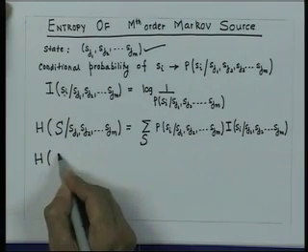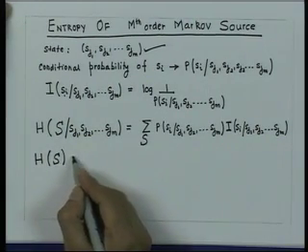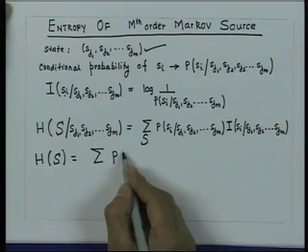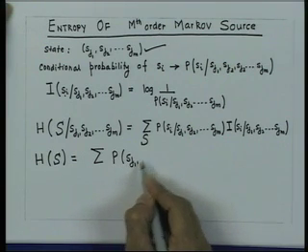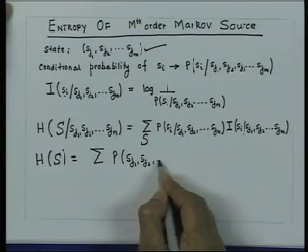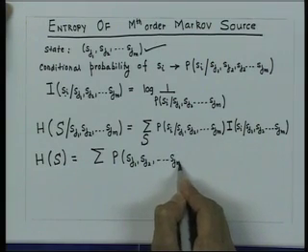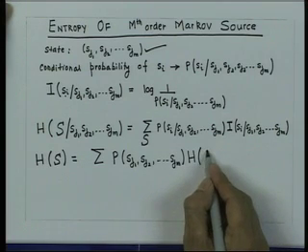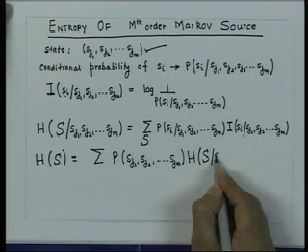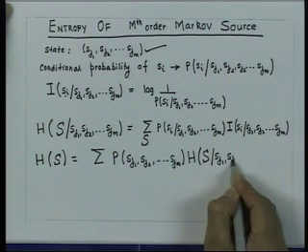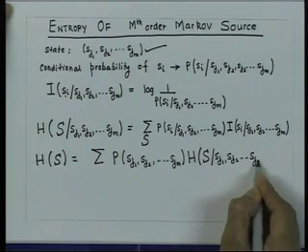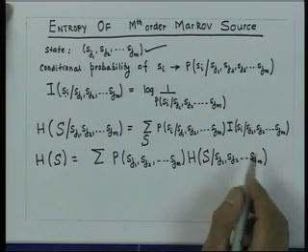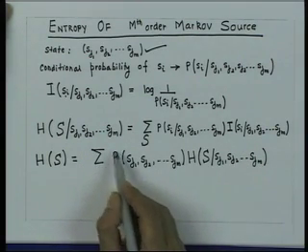So, the entropy of the source would be given by the probability of being in a particular state, that is given by this, multiplied by the average information that I get when I am in that state. This quantity is obviously averaged over all the states.